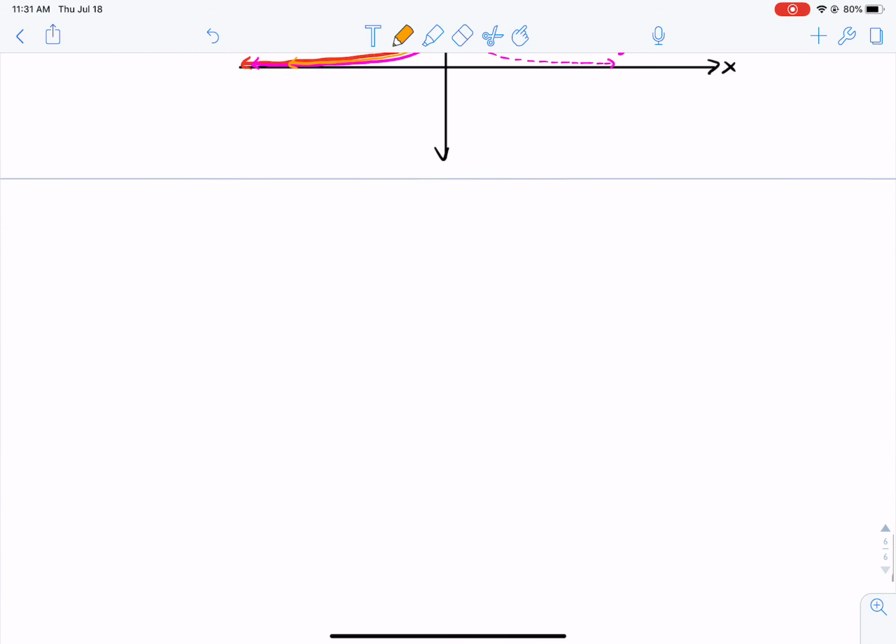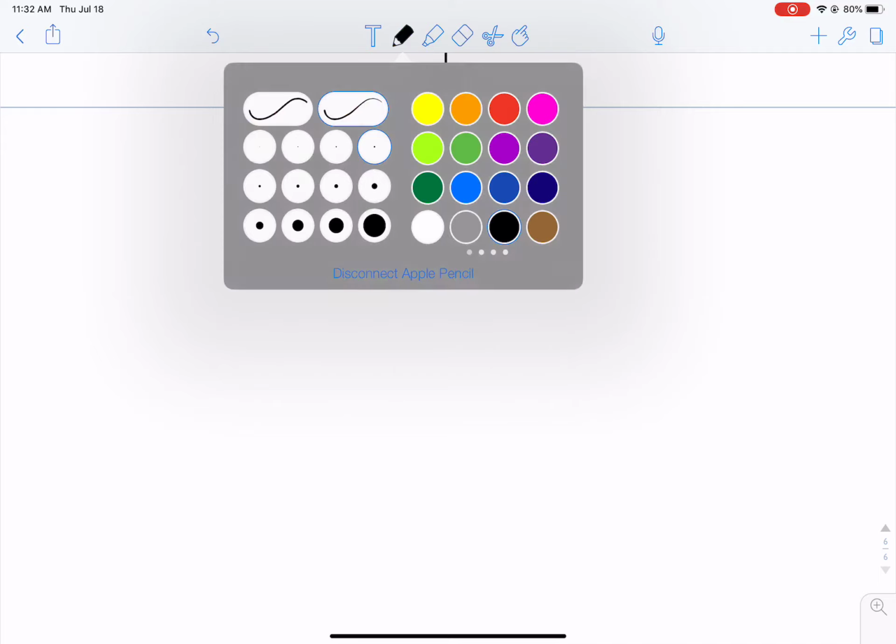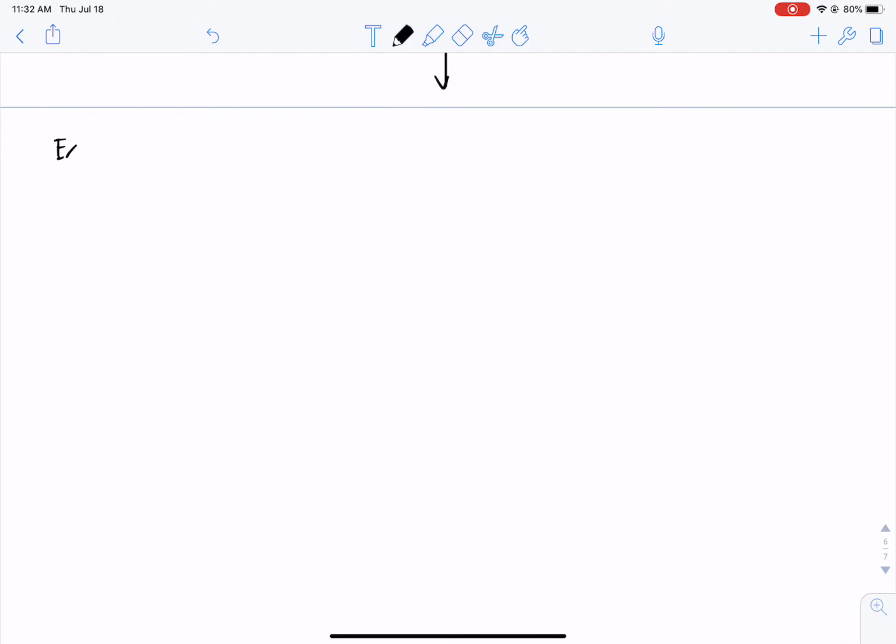For now, I want you to sketch this. Let f of x be equal to 2 plus 3 to the negative x.